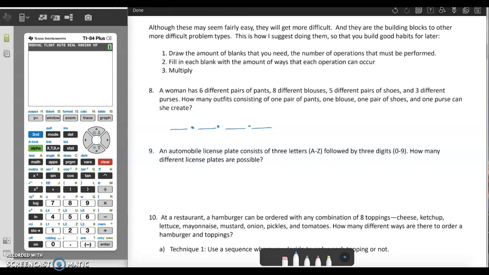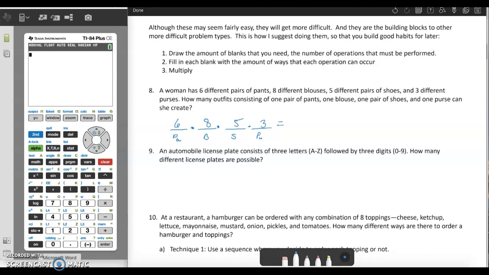Okay, so the first one is going to be pants. I'm going to write PA below that for pants. All right, she's got 6 different choices for pants, so that blank gets filled in with a 6. And for her blouses, she has 8 choices. And for her shoes, she has 5. And for her purses, PU, she has 3 choices.